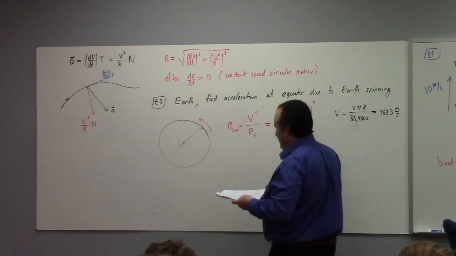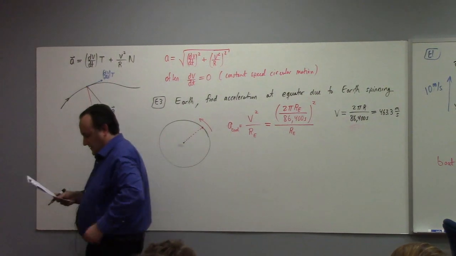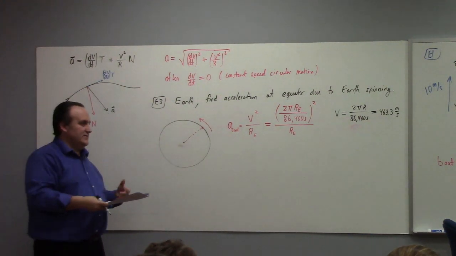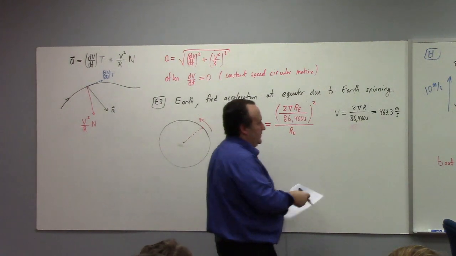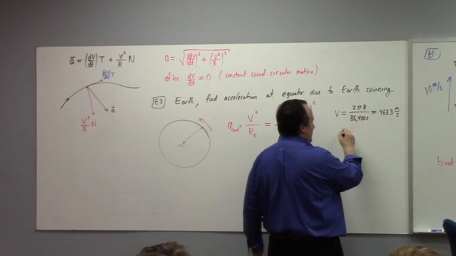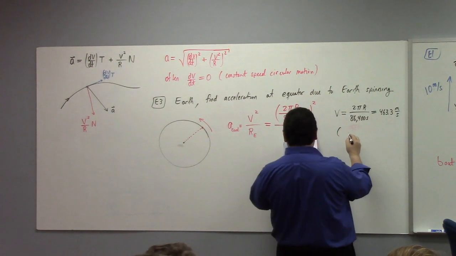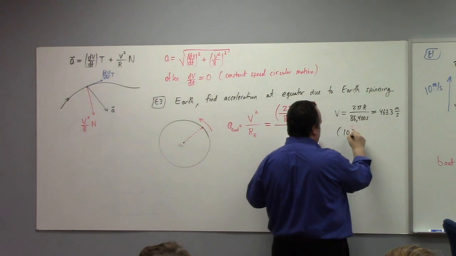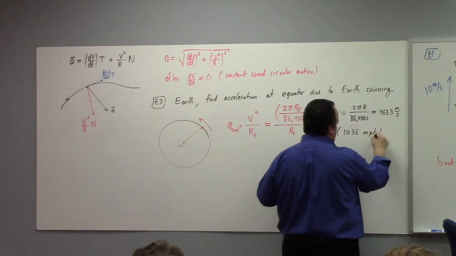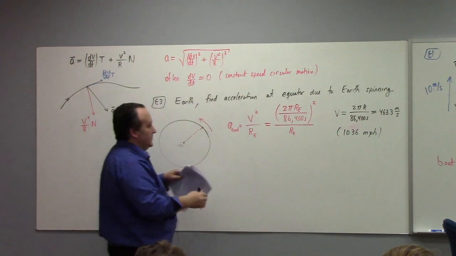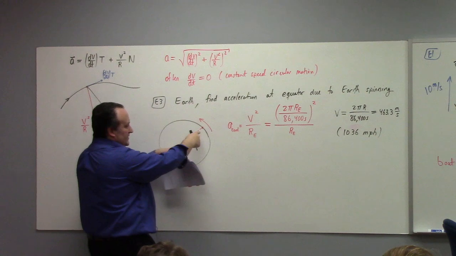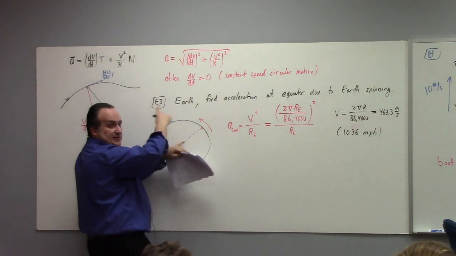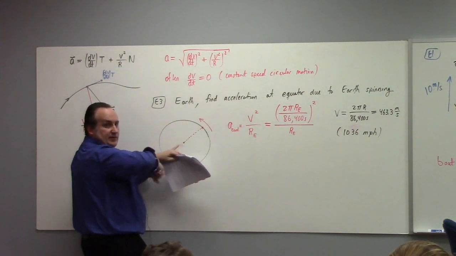That seems like a lot, and that may not mean anything to you. It doesn't mean a lot to me. But 463.3 meters per second translates into about 1,036 miles per hour. That's how fast you're spinning. That's your tangential speed relative to the Earth spinning on the equator.